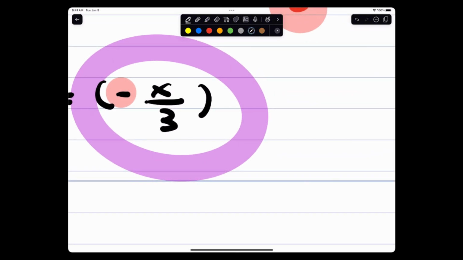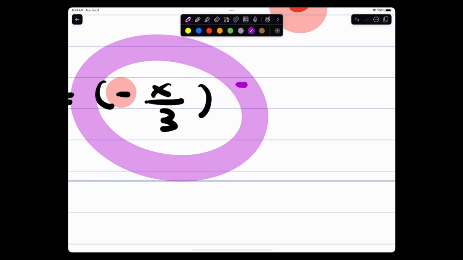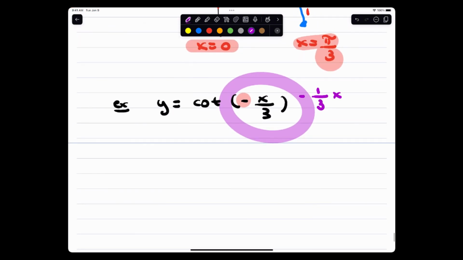What is that? Is that negative 1/3 x? Is that true? And what do you guys know about cotangent? Cotangent is also, what's the word? Odd. Thank you. You say, I know it's odd, but what do they mean by being odd? You have cotangent, really negative 1/3 x.